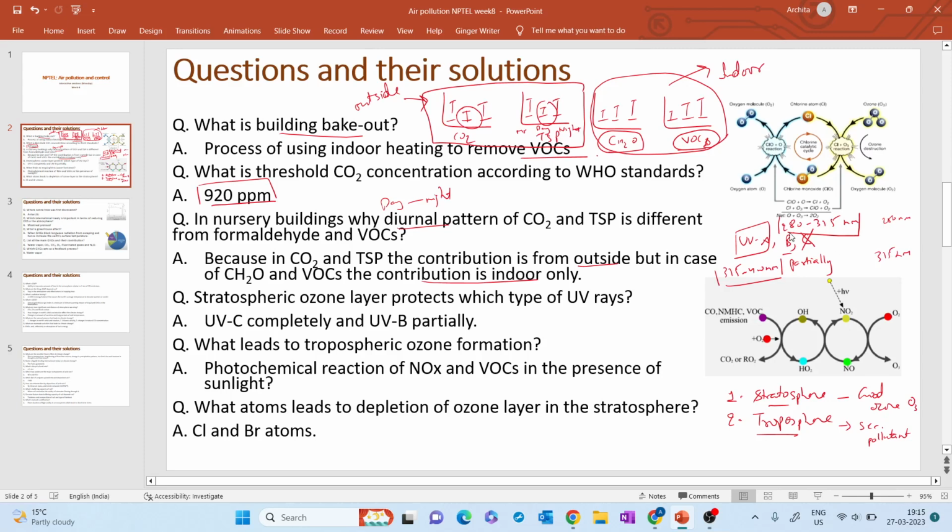So these UVA and UVB are the rays which help in the breakdown of ozone as well. So the question is that in the stratosphere the ozone only protects us from UVC and partially UVB.